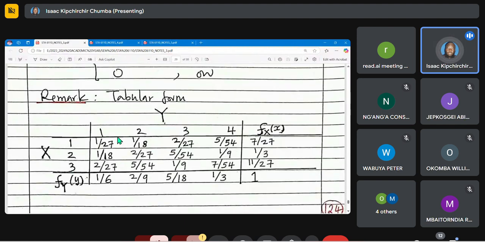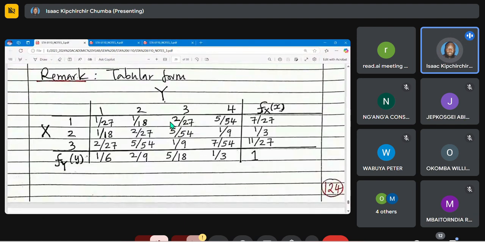We can also represent the same using a table, or in tabular form. So here these are the possible values of x, and here these are the possible values of y. Whatever you have inside the table are the joint probabilities. You remember? If you sum along the rows, over y, you'll have this column, which is the marginal of x. And if you sum over x, you'll have in the last row the marginal of y.